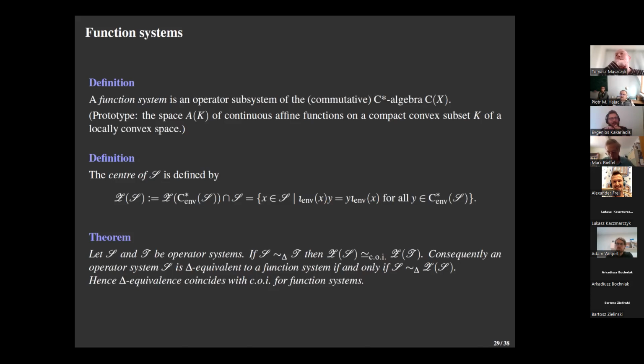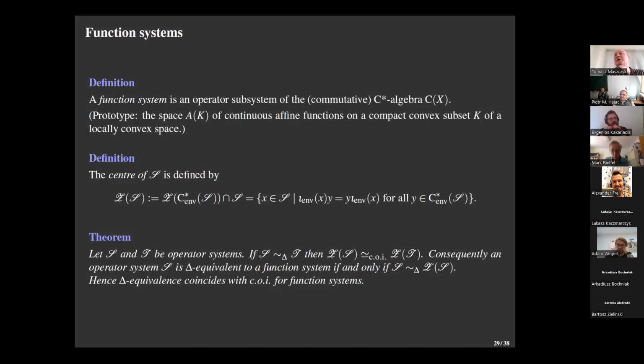Well, Tomek, I understood your question in the following way: is it true that if you have 2 function systems that are Morita equivalent as operator systems, then they are isomorphic? Was it your question? Yes, in particular, yes. Okay.